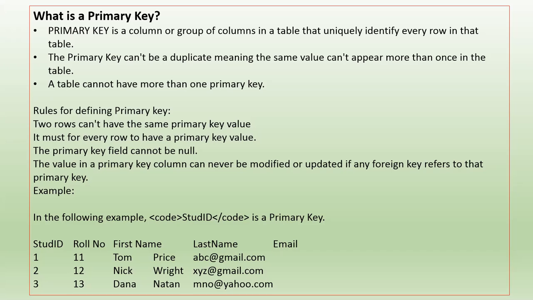The primary key column can never be modified or updated if any foreign key refers to the primary key. These four rules apply for the primary key. For this example, student ID is the primary key for the student table.